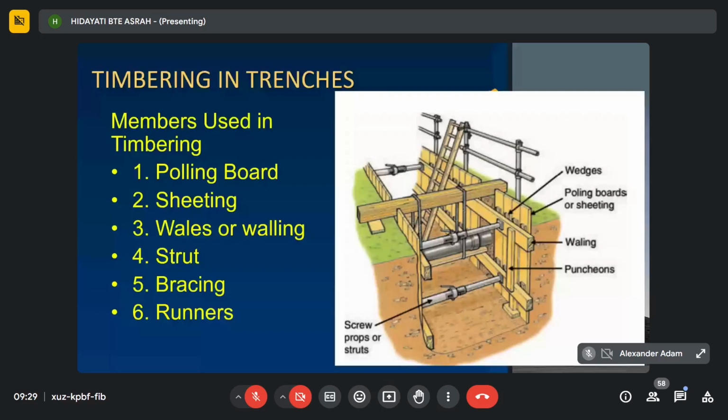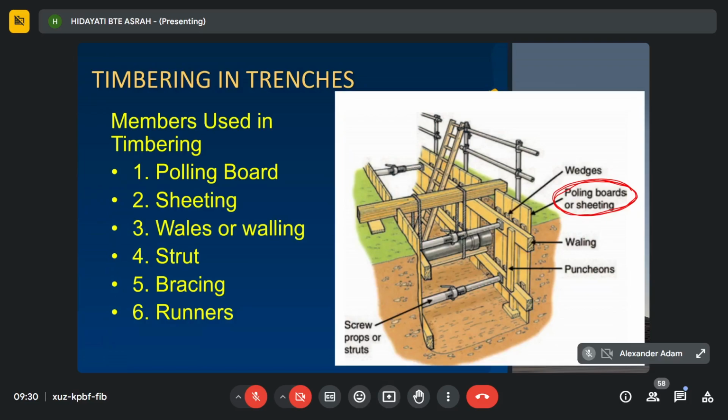So, the members or equipment used in timbering trenches, you can see from this figure, but not all members are shown in this figure. You can refer to books. Okay, so polling board. This one is the polling board. I circled it in red. Depending on the design lah, sometimes it is also called sheeting.